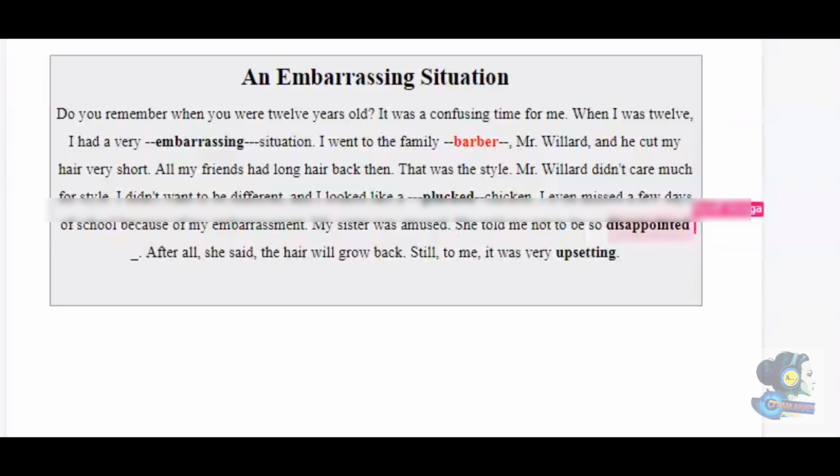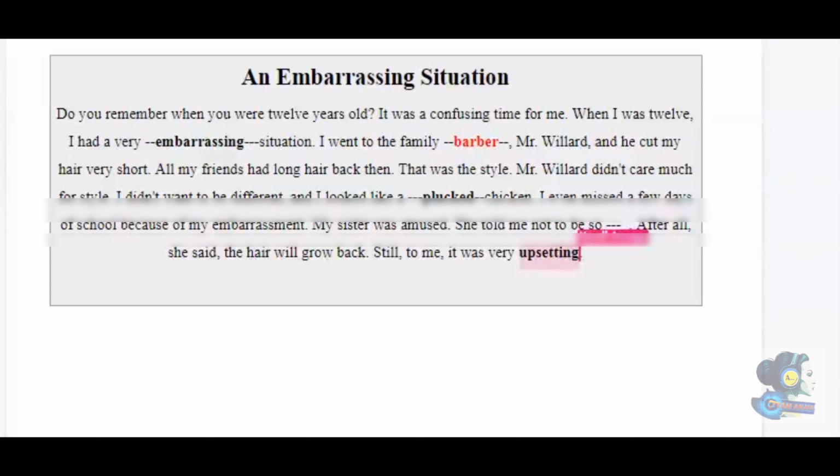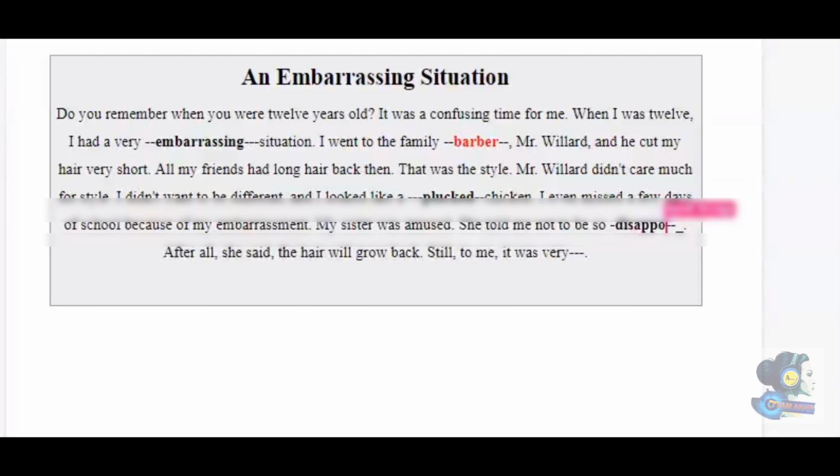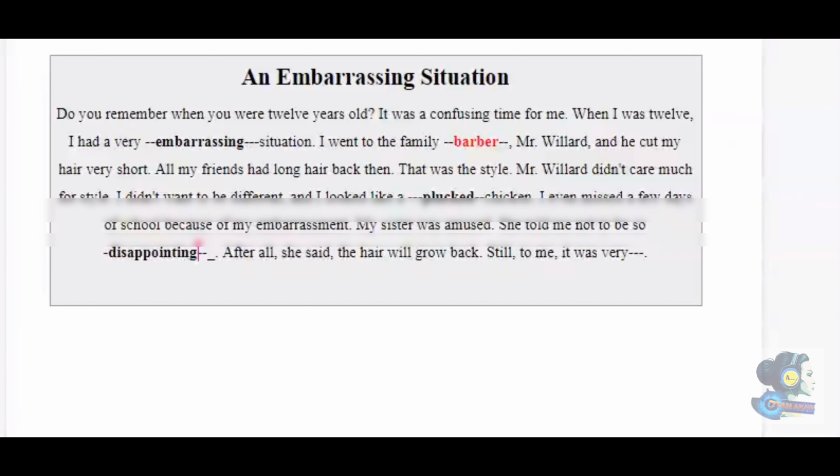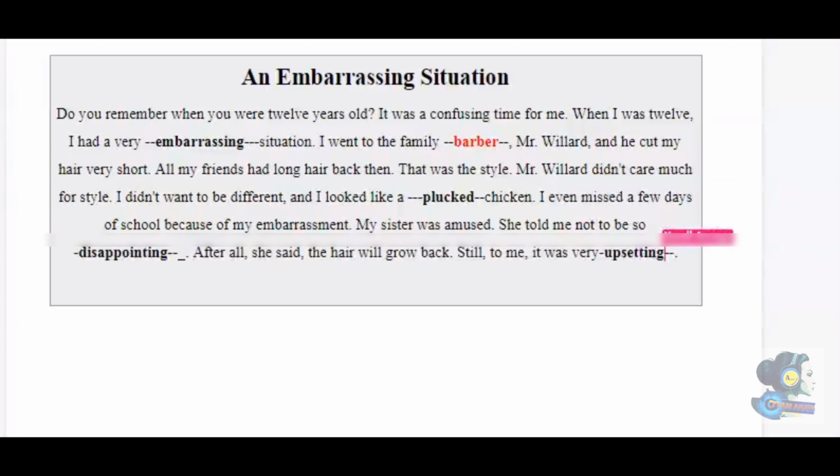Okay, so let's try if you can still remember the words. So start with she. Okay, it's disappointing. Very good. Upsetting is the word. So we just have to remember the two words in this paragraph.